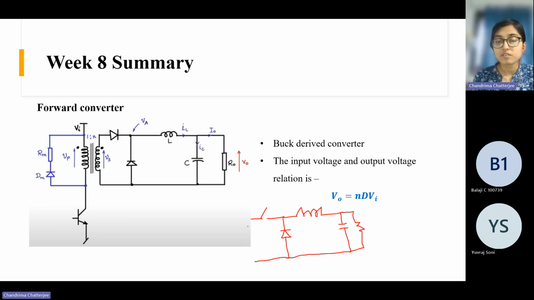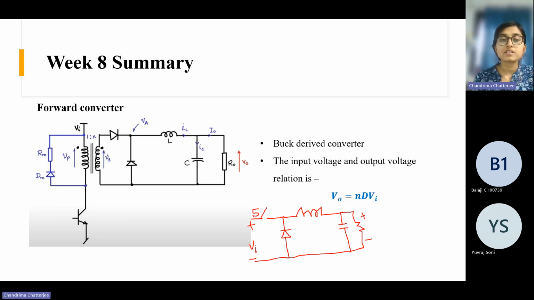This was our input side, and this was our output. Suppose we call this semiconductor device S; it can be a MOSFET, a BJT, or an IGBT, right? So this was the buck converter circuit.